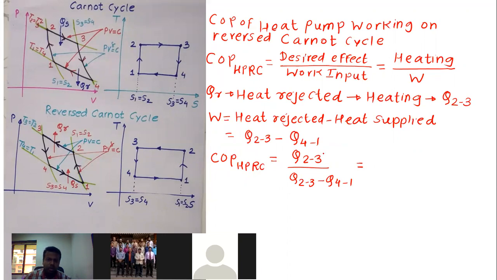Now see, with respect to Q2 to 3, you can see the process on the diagram. This Q2 to 3 is done at what temperature? It is done at T2 or T3. So I'll write T2, divided by, again Q2 to 3 is done at temperature T2, minus Q4 to 1.